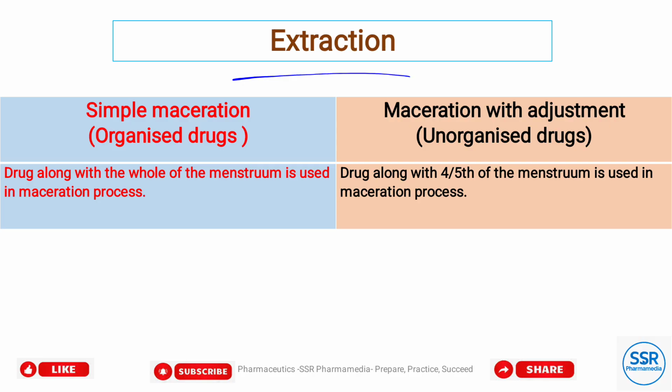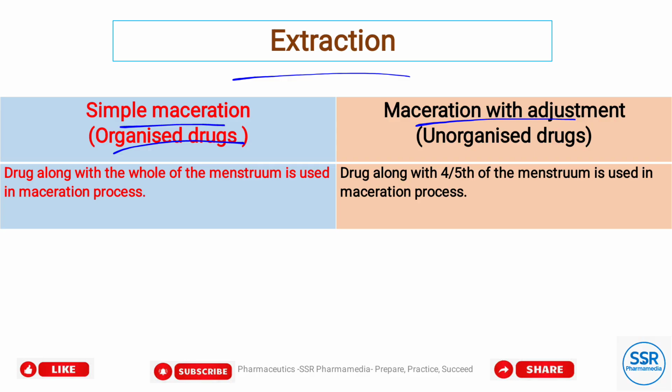Next is the extraction: simple maceration and maceration with adjustment. So simple maceration: mainly organized drugs are extracted by using the simple maceration process. Organized drugs means the drugs having a defined structure, like leaves, flowers, stem, bark.